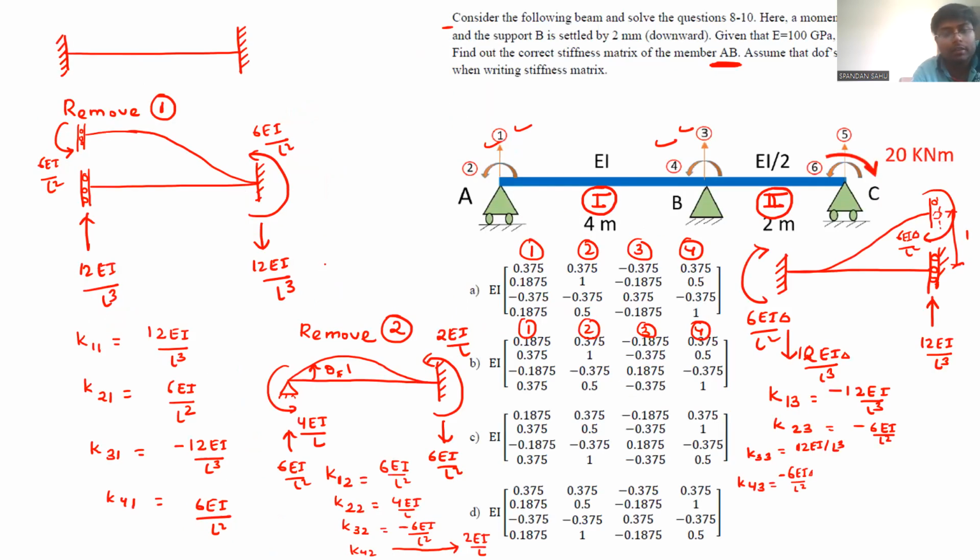Sir, one thing, it's given settlement 2 mm. That settlement won't come as of now. That settlement is the known value, you know. Displacements are unknowns, right?